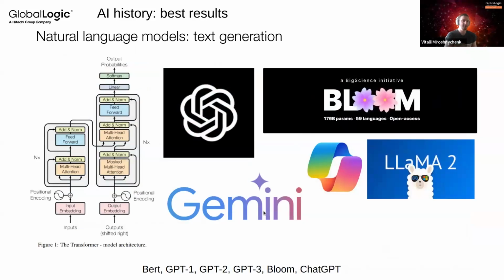What problem is almost solved? The next problem is text generation. Many of you maybe use ChatGPT or other related technologies like Copilot, Llama, Gemini, and so on. We believe that large language models can write good text or behave like a human, but there are many problems with censorship. There are many problems with the quality of the response, because only a subject matter expert can tell you whether the answer is good or not.